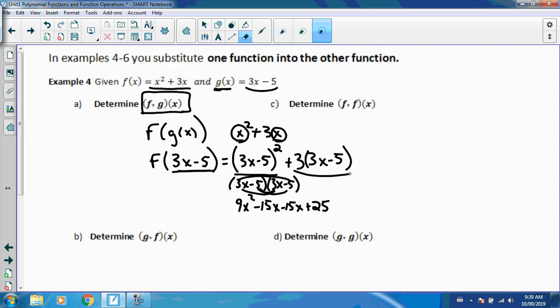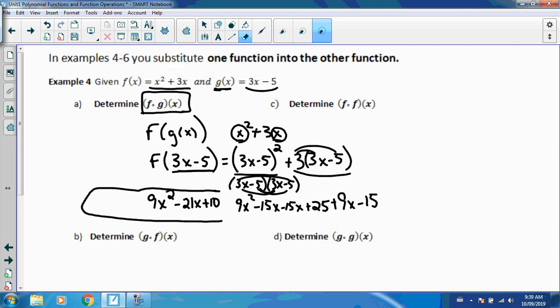And then the second bit, I distribute the 3, and I get plus 9x minus 15. So if I clean all this up, I should get 9x squared minus 21x plus 10. And so this is, and I'm just going to write this here, f of g of x. So f of g of x is this. All right?